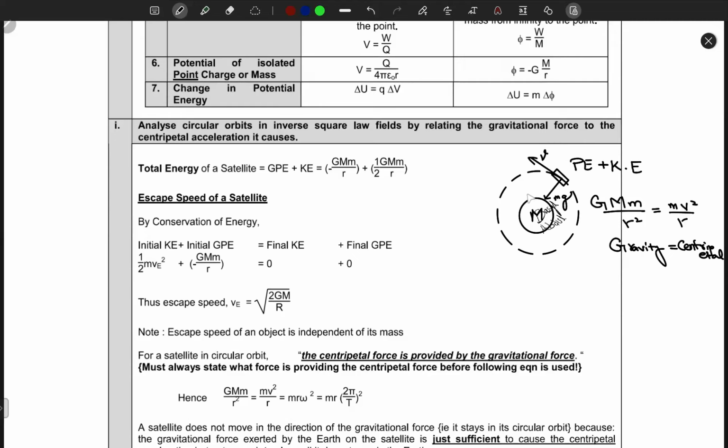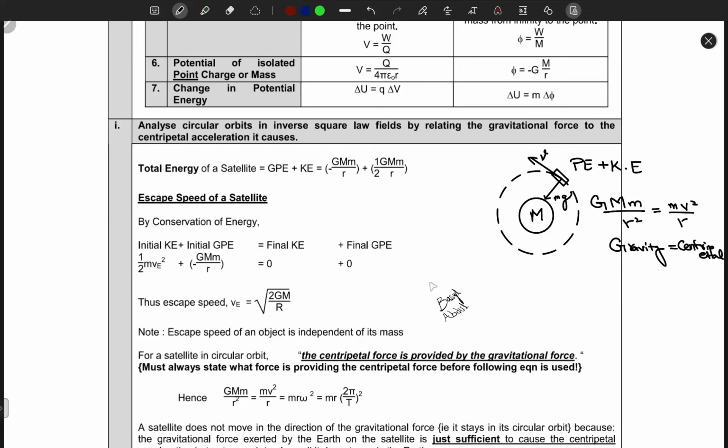I need to think in terms of the kinetic and potential energy. When the kinetic energy is exactly equal to the gravitational potential that is being produced by this Earth, at that point, I can say that is the minimum velocity that I need to escape, or you can say that is the minimum kinetic energy I need to escape this potential.